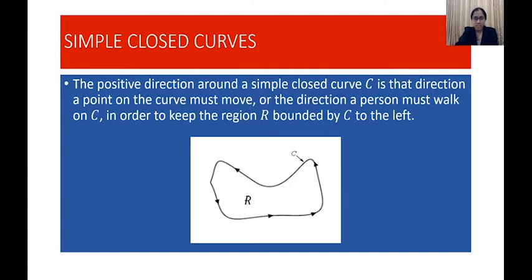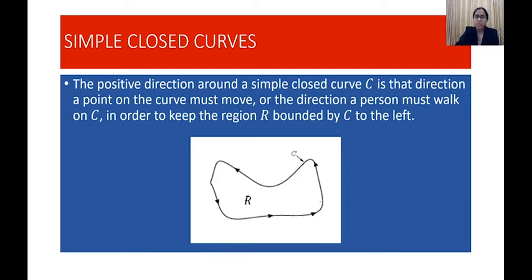Suppose you can see this figure. Just consider this figure and this region. Then the positive direction of this curve will be along the path in which we are moving. Let me consider a point over here.